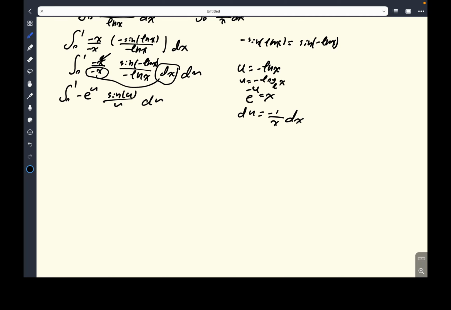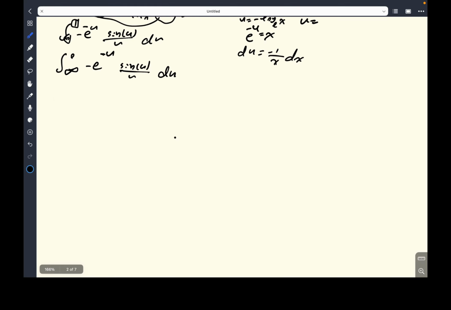But we have to keep in mind that we should also change the bounds. If my u is negative ln x, then u is infinity when x is 0, and u is equal to 0 when x equals 1. So my bounds would be from infinity to 0 of negative e to the negative u sine u over u du.